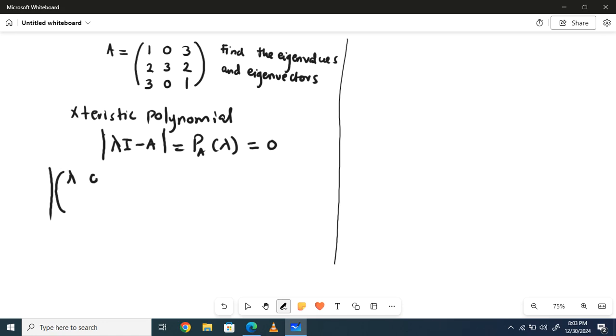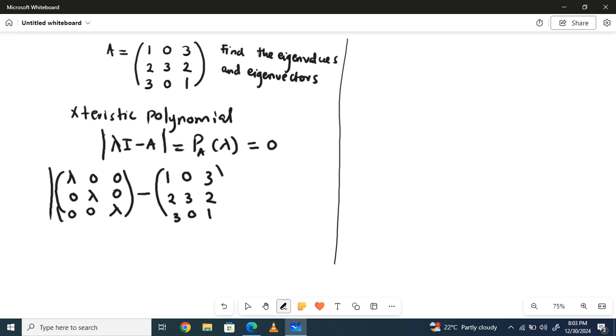We will have lambda 0 0. The diagonal is lambda, it's a diagonal matrix, minus the matrix 1 0 3, 2 3 2, 3 0 1, equals 0.